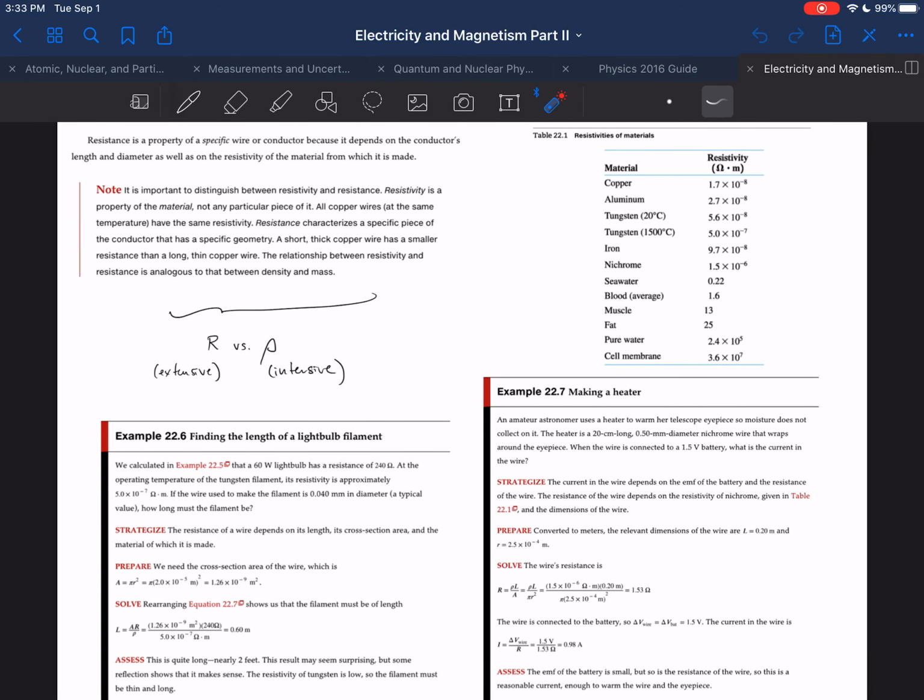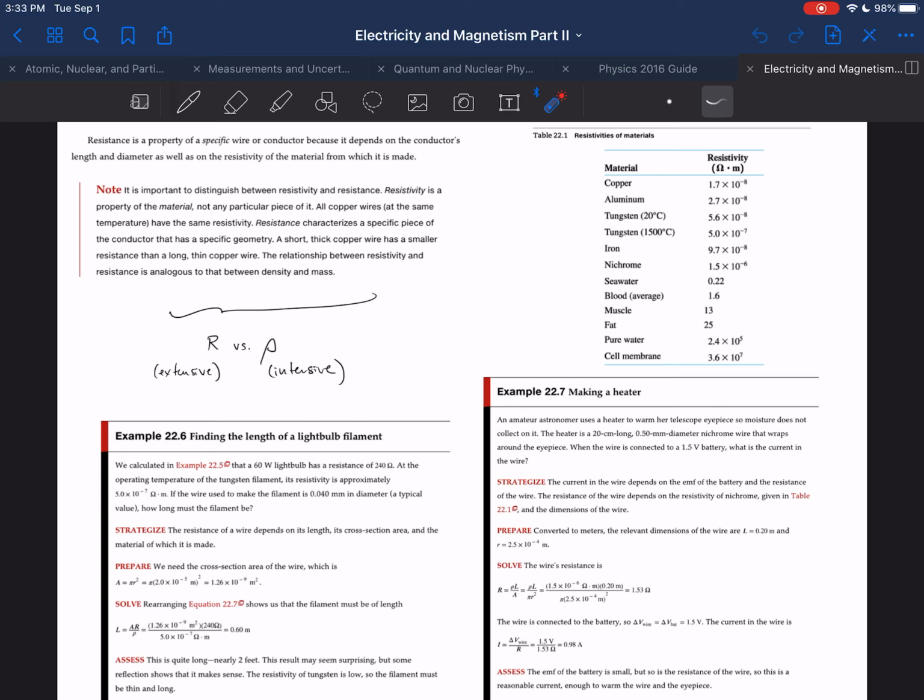Now, it's important to distinguish between resistivity and resistance, and unfortunately they do sound very, very similar. But recall the difference that we introduced in topic 3 between extensive and intensive properties. An extensive property is a property that depends on amount, okay? It's the property of a particular object.